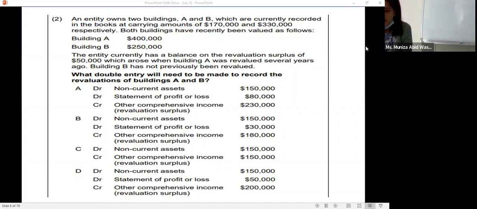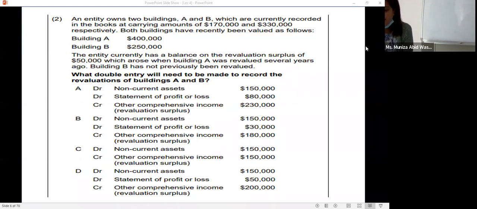Let's see. An entity owns 2 buildings A and B, which are currently recorded in the books at carrying amounts of 170,000 and 330,000 respectively. Both buildings have recently been valued as follows: building A 400,000 while building B is 250,000.